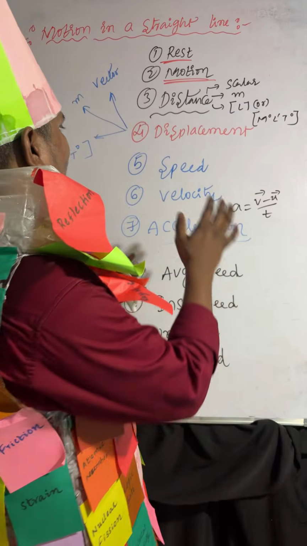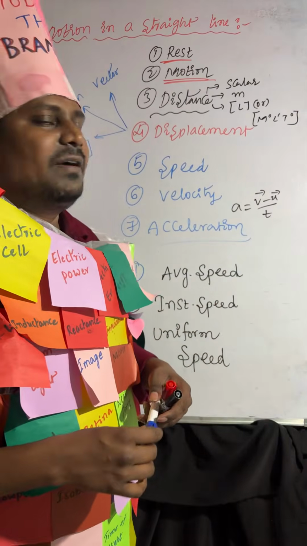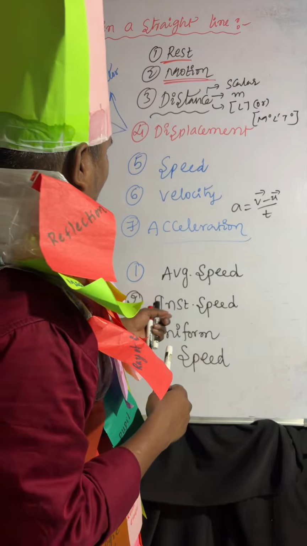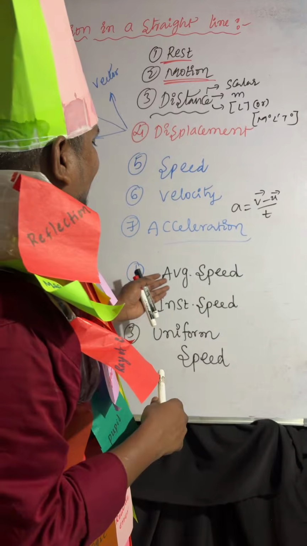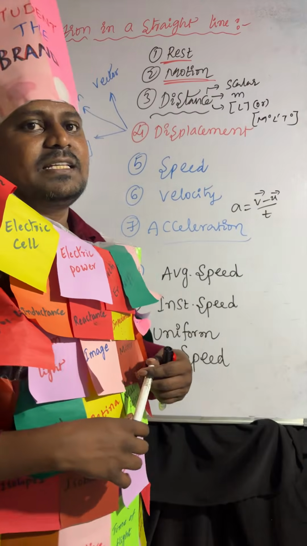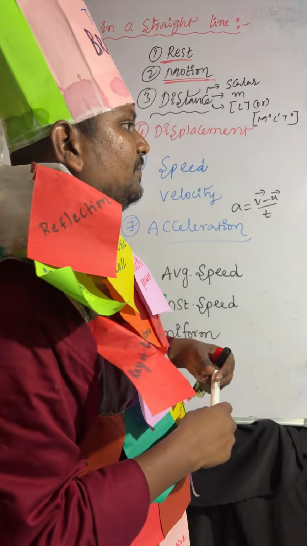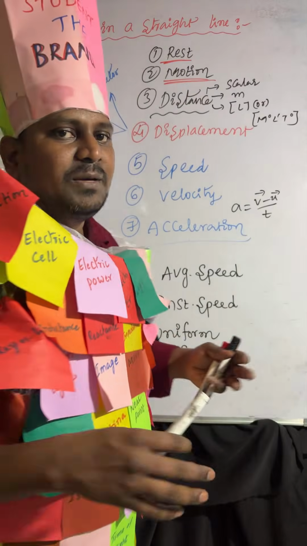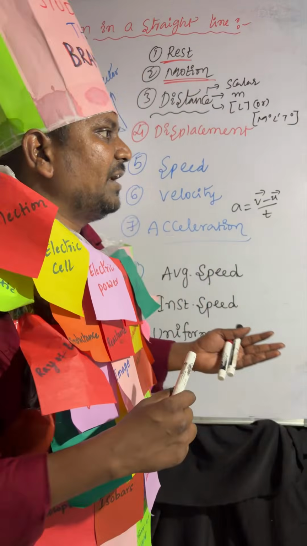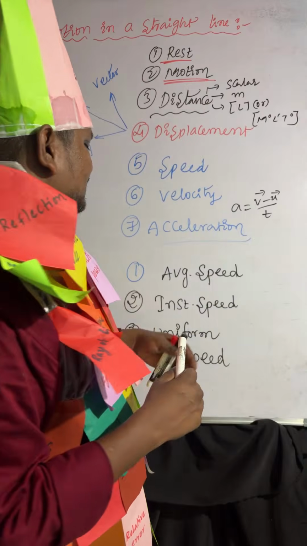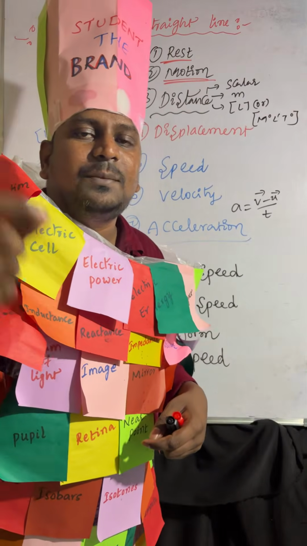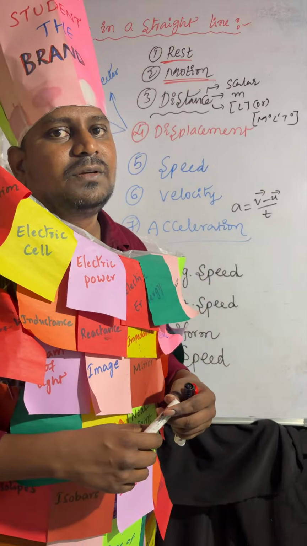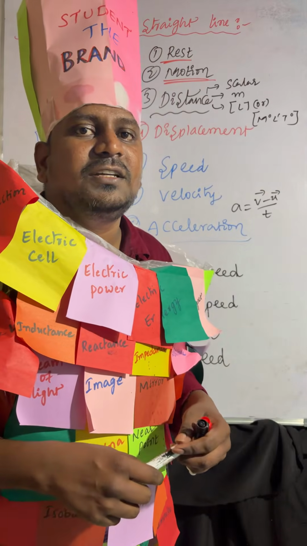Same way, we'll get average velocity, instantaneous velocity, uniform velocity. Average velocity is total displacement by total time taken. Instantaneous velocity is velocity at a particular instant.